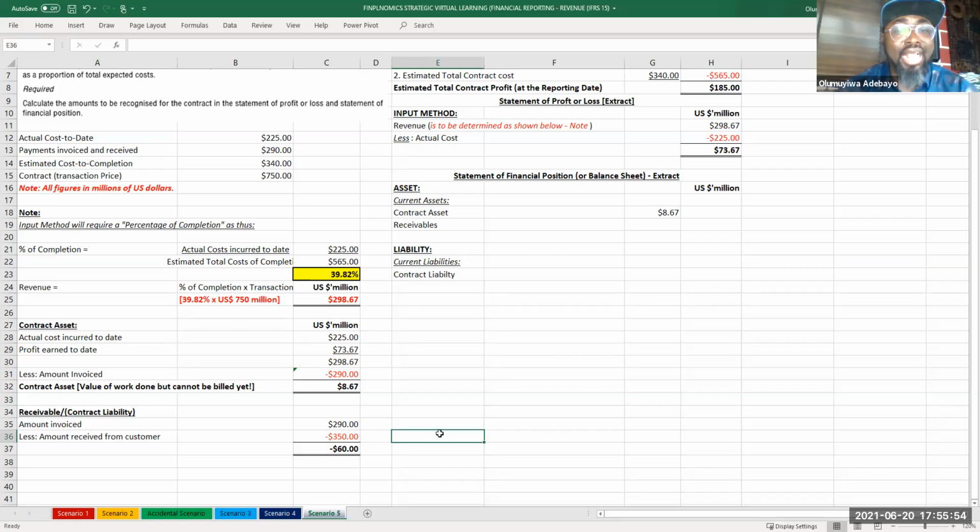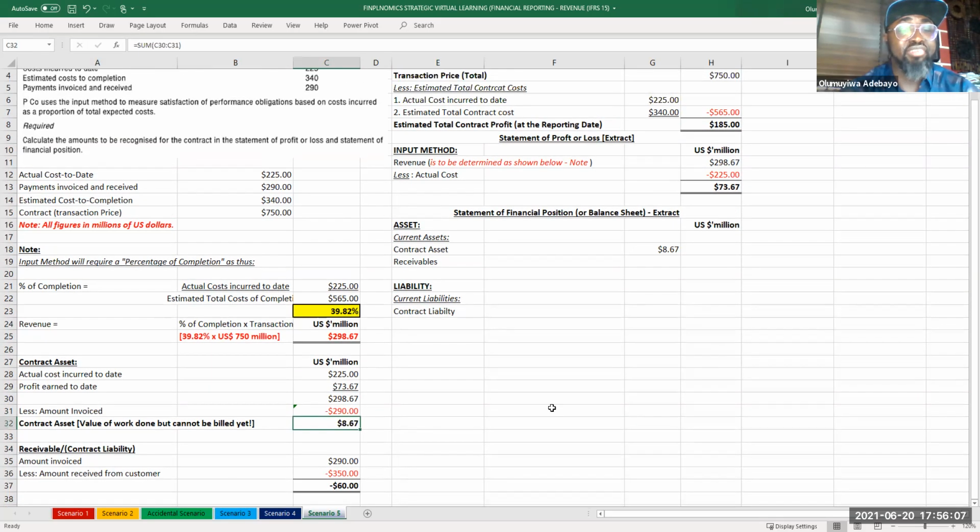Okay, now somebody will have said, okay, this 60, why can't I offset it with this 8? You can't offset it, or you may not offset it. And the standard favors you more to recognizing contract assets separately from contract what? Liability. Okay, but there are also general conditions towards offsetting asset and liabilities.